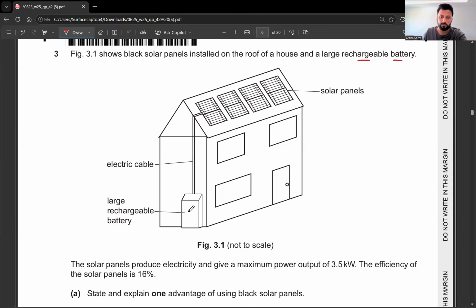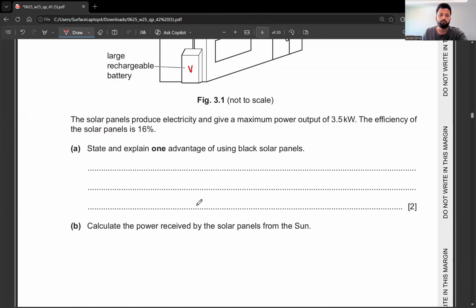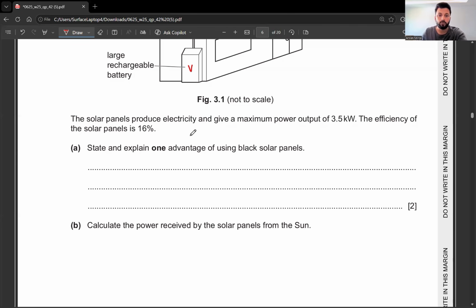This battery is making voltage as well, and it is used as input and output as well. The solar panel produces electricity and gives maximum output. So this is output power, and this is the efficiency, which can be written as 0.16 because 16% is 16 divided by 100.